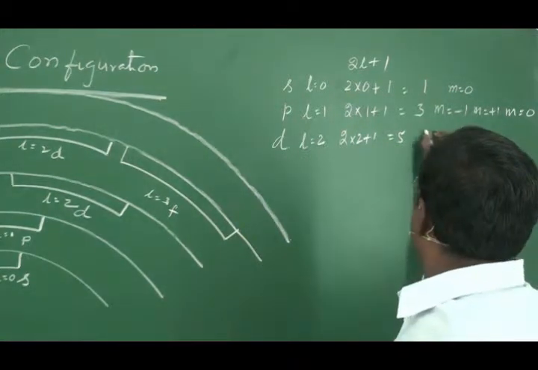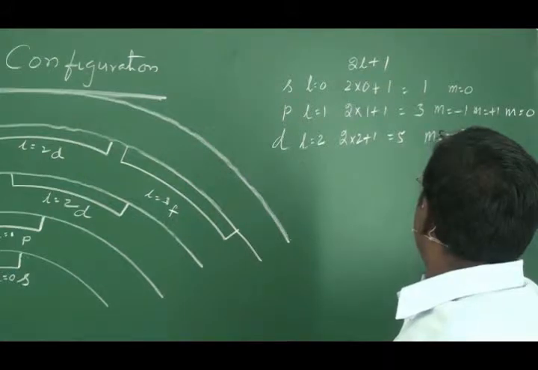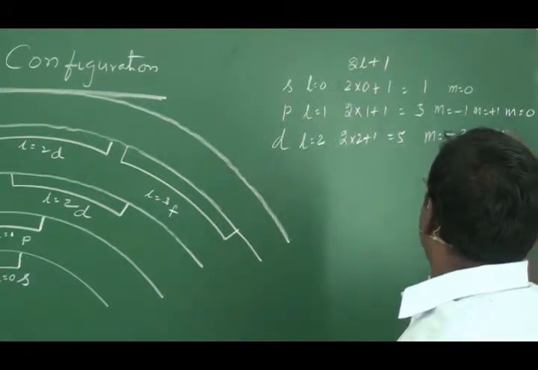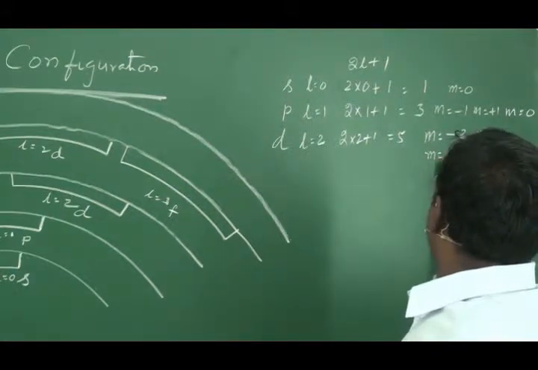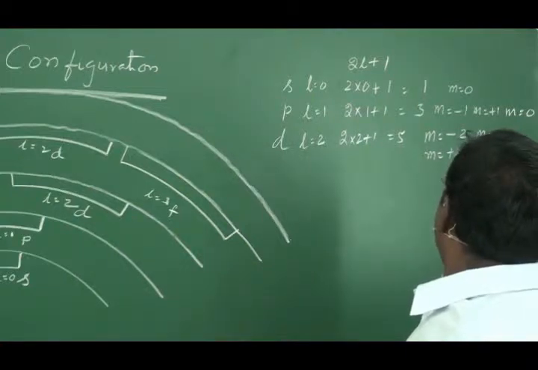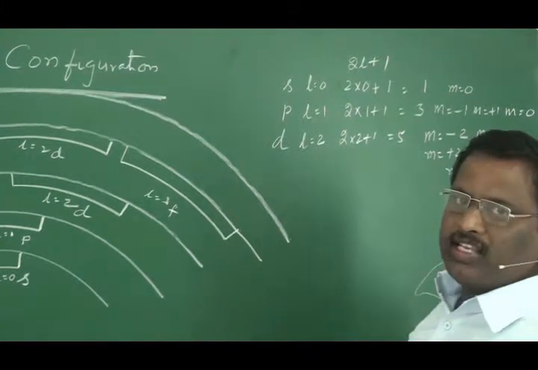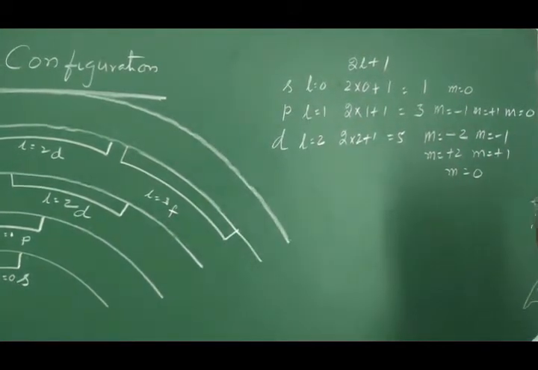They are M is equal to minus 2, M is equal to minus 1, M is equal to plus 2, M is equal to plus 1, and M is equal to 0. These are the 5 orbitals that were present in D sub-energy level.